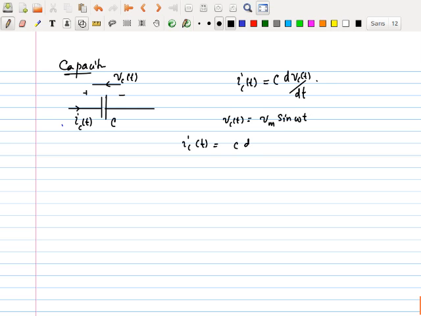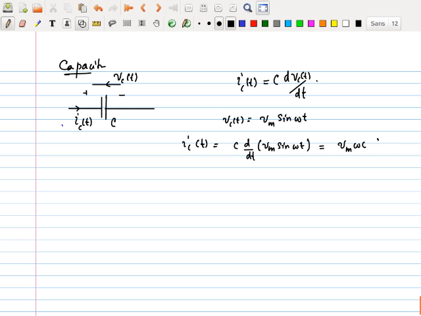It is going to be C times dVc over dt, and this will be Vm sine of omega t. Now this is equal to what? This is equal to Vm times omega c, right?